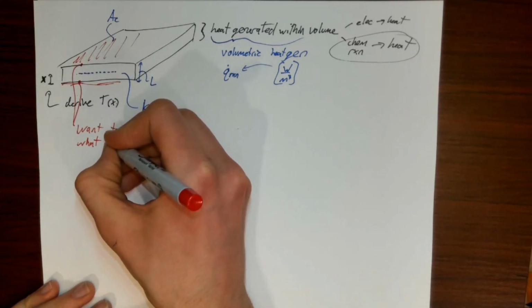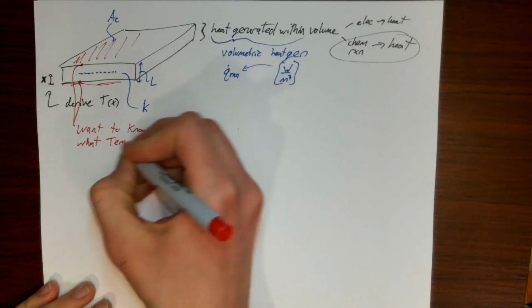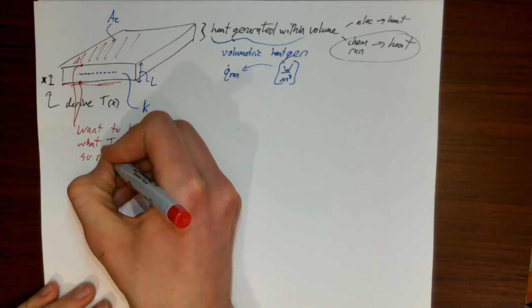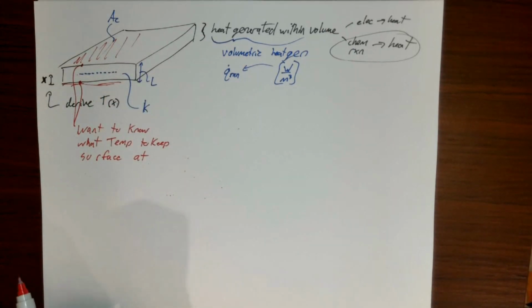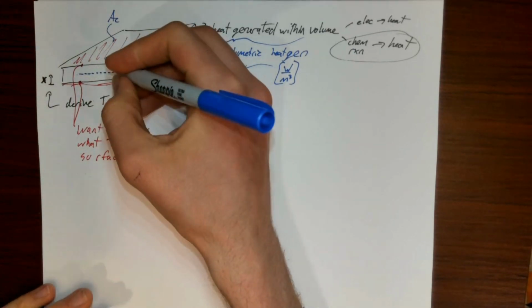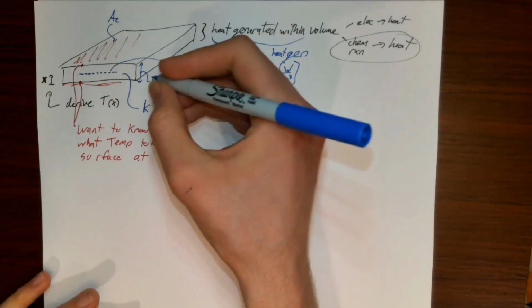what temperature to keep the surface at, so I don't get meltdown in the middle. So there's some safe limit that this material can, let's say, withstand. Maybe it's melting temperature or something like that.